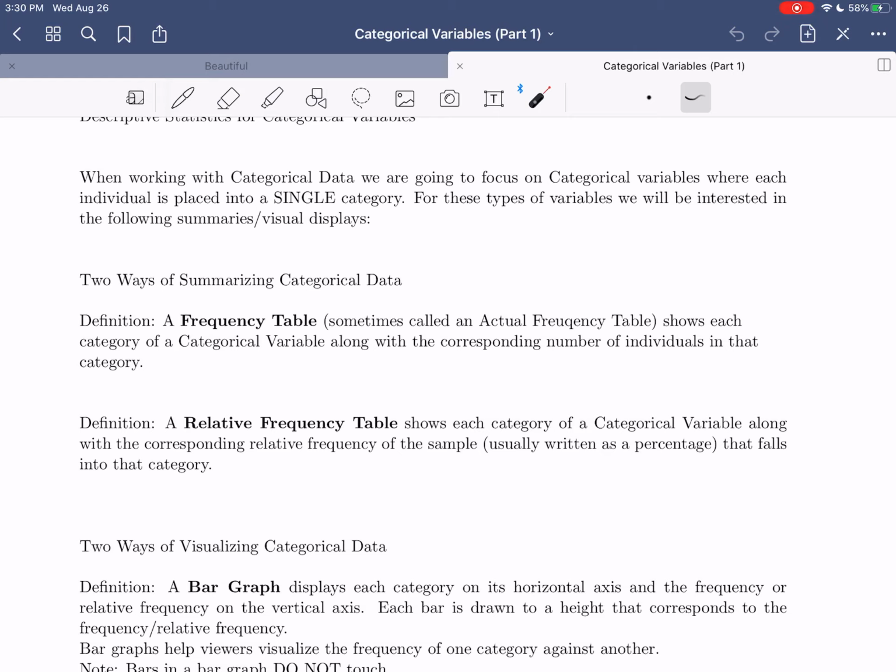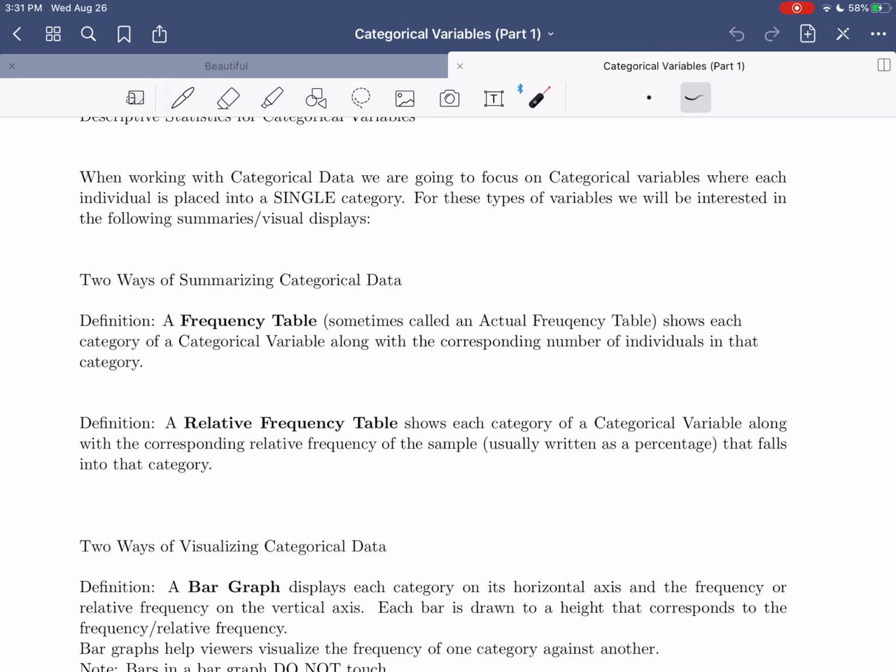So instead of saying that maybe 17 people landed into a category, well, that 17 doesn't necessarily mean a lot unless we know how many people there were. If that's 17 out of 17, that's 100%. That's everyone. If it's 17 out of 100, then it's only 17%. So a relative frequency table gives us a better sense of how many people or individuals landed in a particular category relative to how many people we overall sampled.